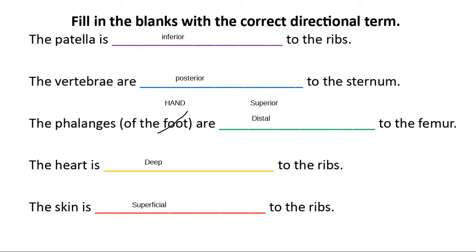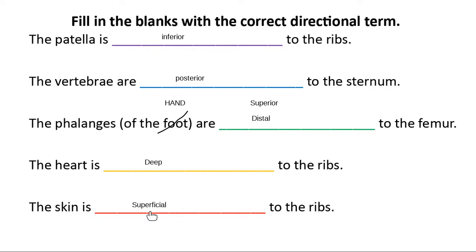Hey, something I chatted about with some friends yesterday. Anytime we talk about the skin, it is the most superficial structure in the body. So your skin is on the very outside of you. When we're talking about what's closest to the outside, the skin is it. That is it.